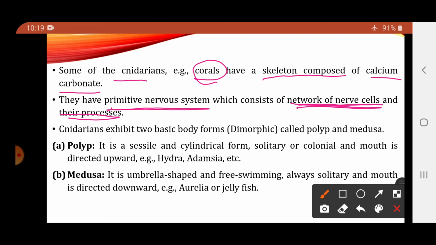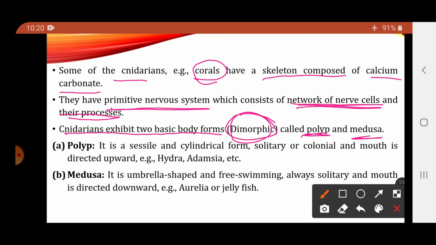Now a very important property: cnidarians exhibit two basic forms, that is, they occur in two forms, two morphologies, and that is why they are called dimorphic. Di means two, morphic means morphology, and the two forms are the polyp form and the medusa form.